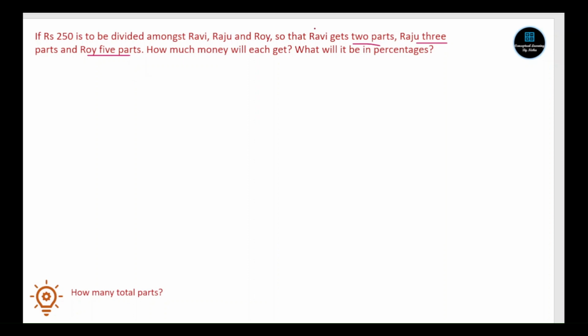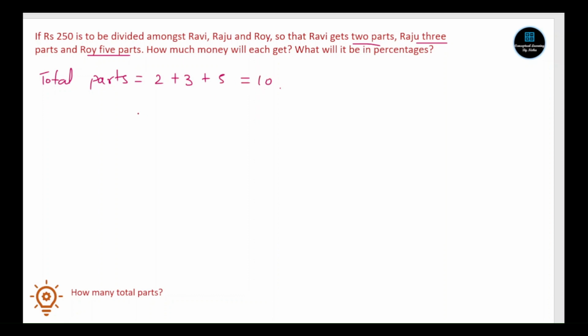Right. So first of all, how many total parts? Total parts equals 2 for Ravi, 3 for Raju and 5 for Roy. So total are 10 parts.